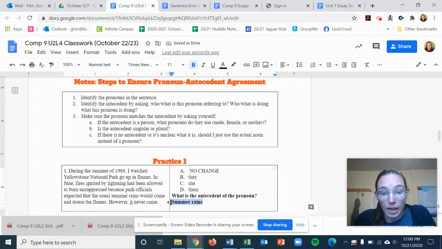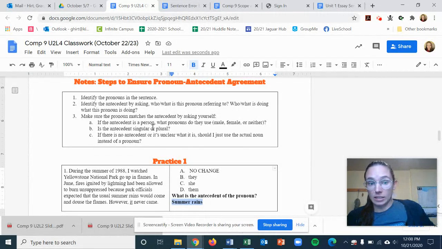Then we have to make sure that our pronoun matches our antecedent. Is this antecedent a person? No, right? It's summer rains. Is the antecedent singular or plural? Summer rains, we have that S on the end, so this is plural. If we know our antecedent is plural, what should our pronoun be?